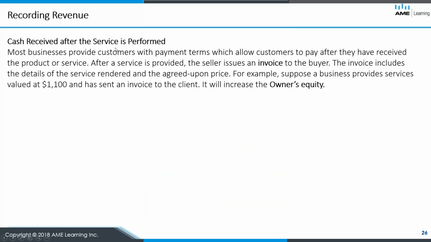Now here, and this is pretty common, is when cash is received after a service is performed. And this is very common, like I said, as it notes here. Most businesses provide customers with payment terms that allow them to pay after they receive the product or service. So, for example, something very common like utilities, right?